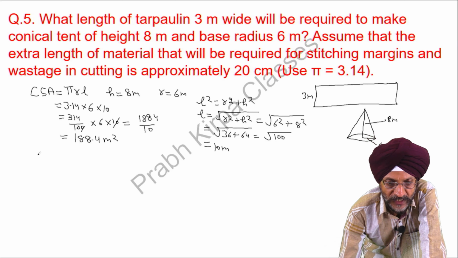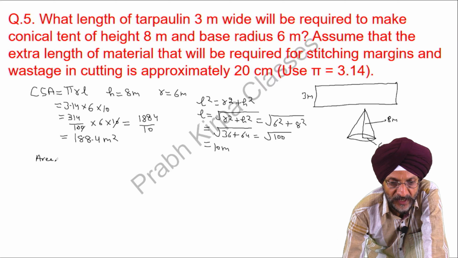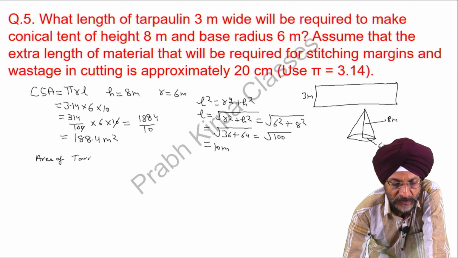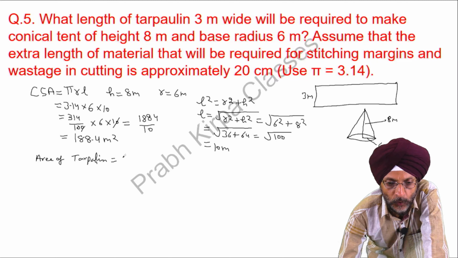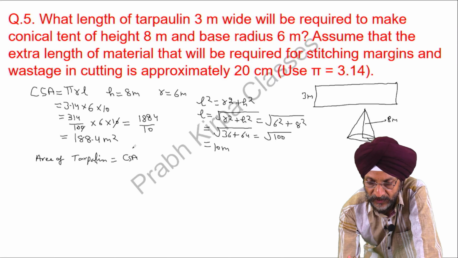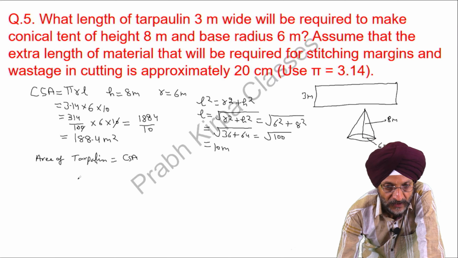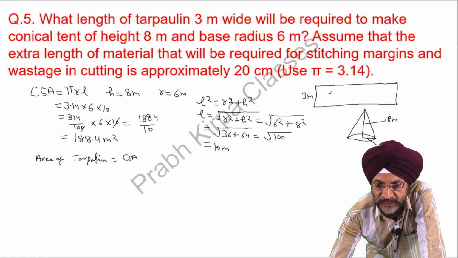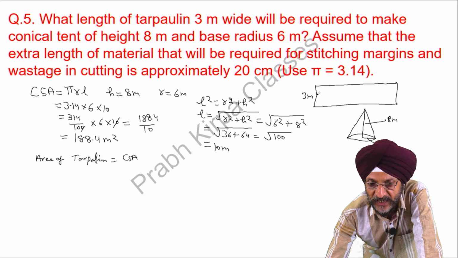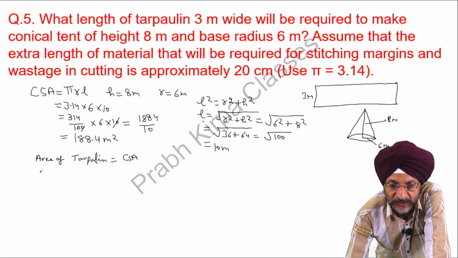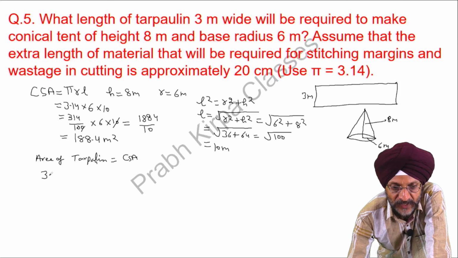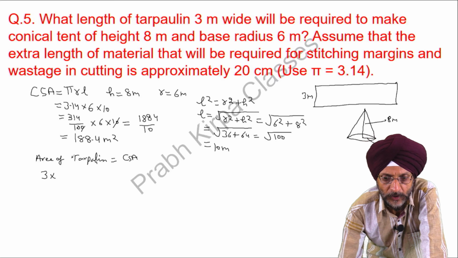So now we also know that the area of the tarpaulin is equal to the curved surface area of the tent. What is the area of tarpaulin? This is the tarpaulin area. This is length into breadth. We know that the breadth has been given to us as 3, but we do not know the length.